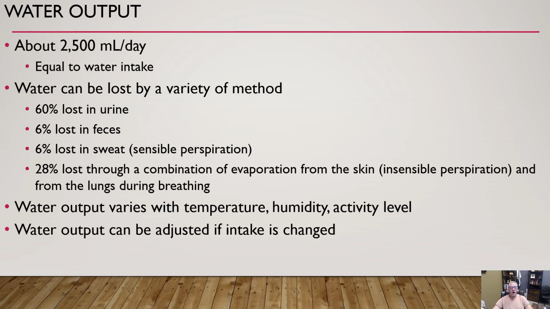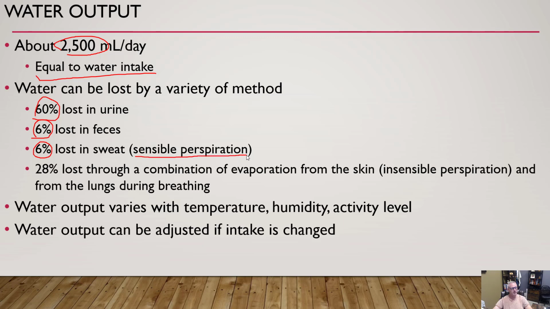All right, so for water output, if we take in 2,500, we should be able to get rid of 2,500. Now, that's going to be about 60% in the form of urine. 6% is going to be in feces. 6% lost in sweat.